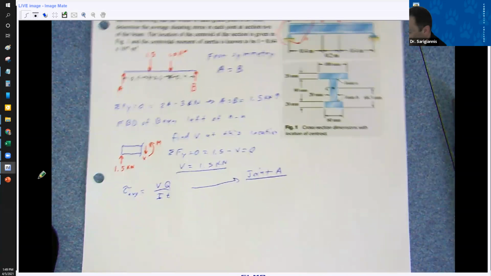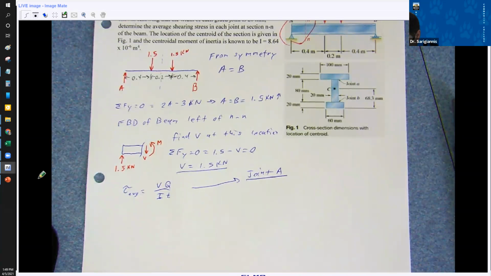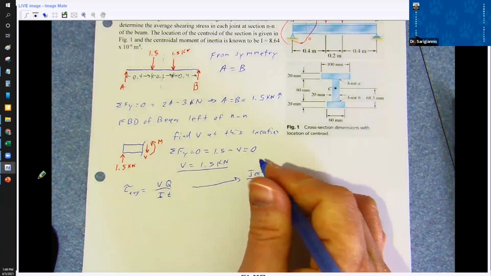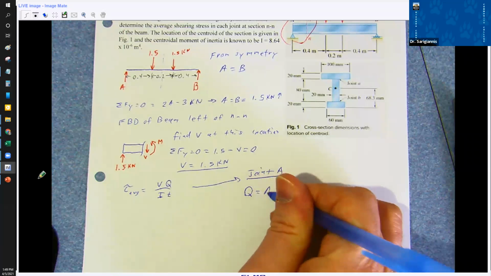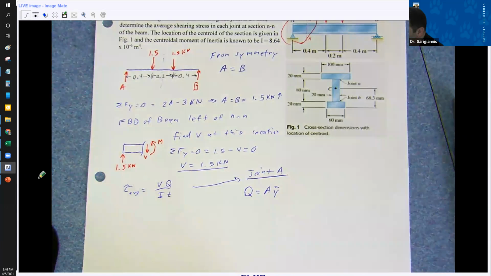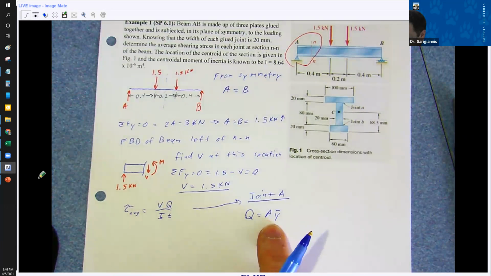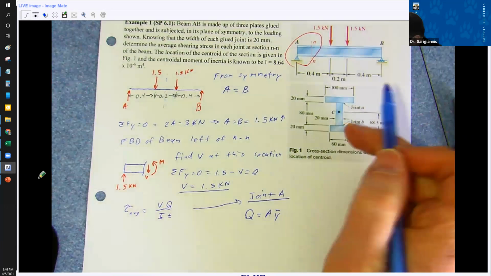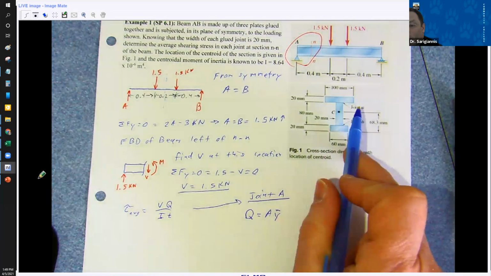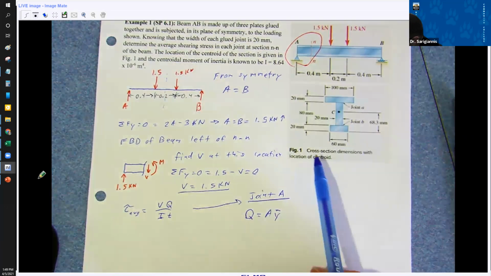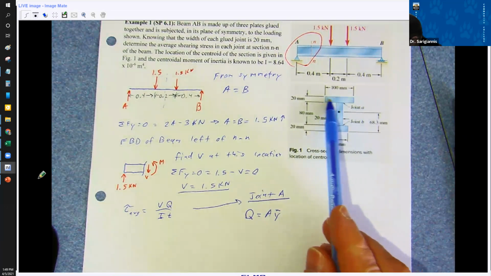Let me just write out the first moment of area. It's area times Y bar, right? And what do we have? Well, for joint A up here, I guess it's a lowercase a, the Q of interest is this area up here.